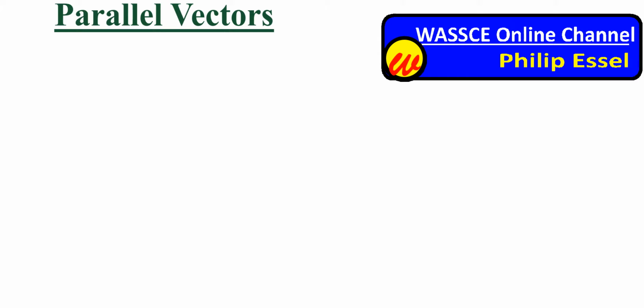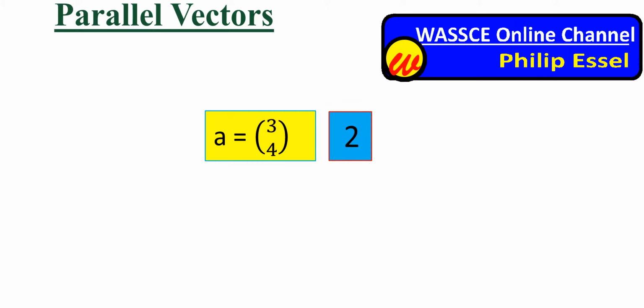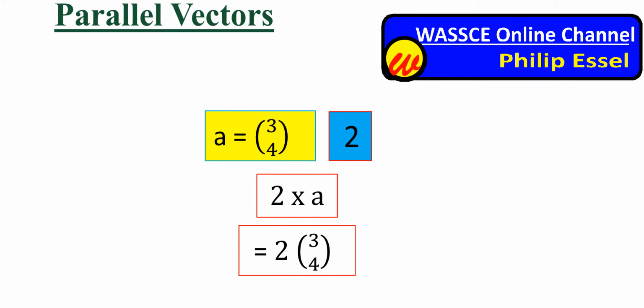So let's take, for example, the vector A. This vector has the components 3, 4. Now let's take the scalar 2. What we are going to do next is to multiply the scalar 2 by the vector A. When we do that, we would get 2 times the vector 3, 4.